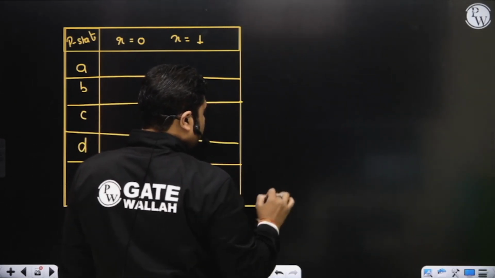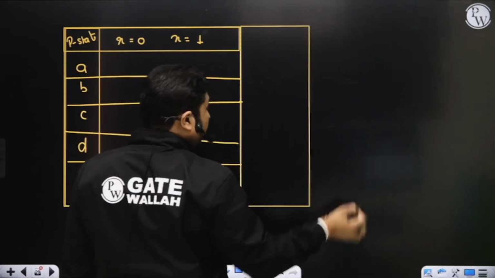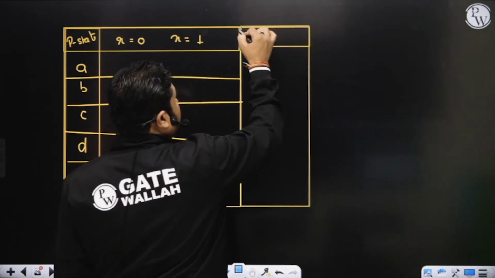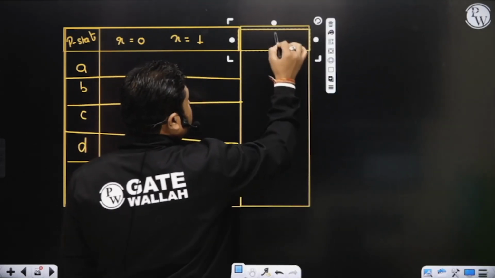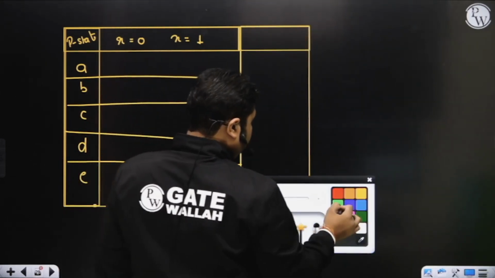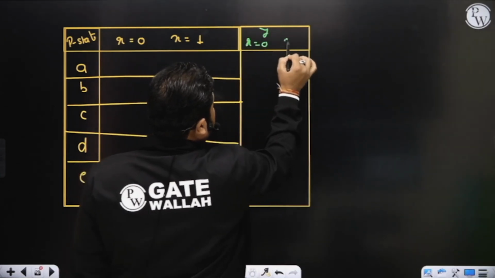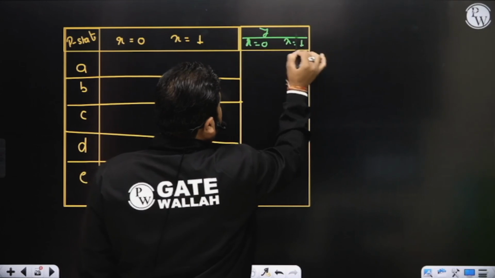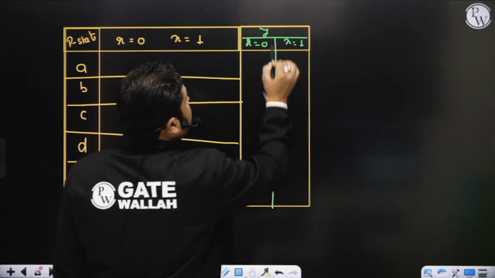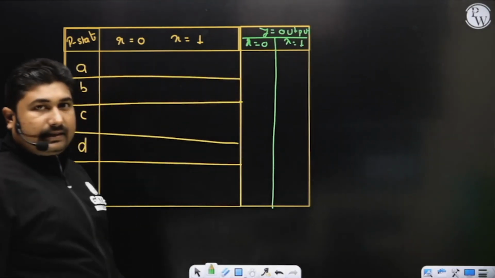Output is dependent upon the input and the previous state, so I represent output Y for X equal to 0 and X equal to 1.